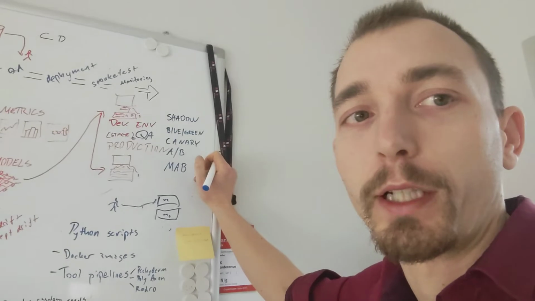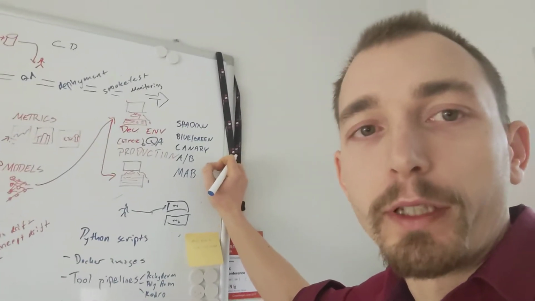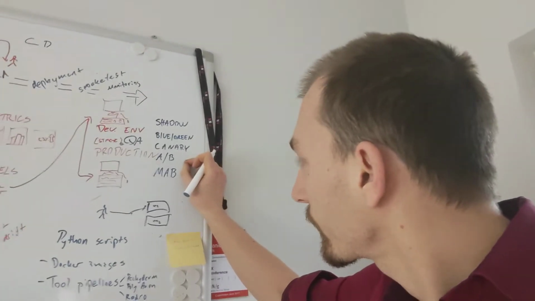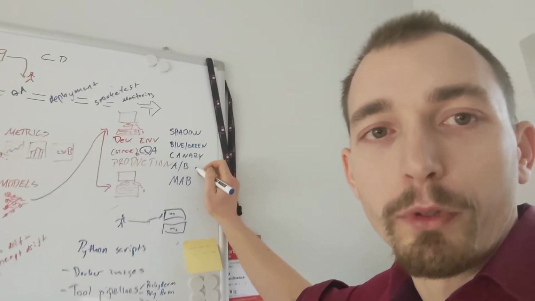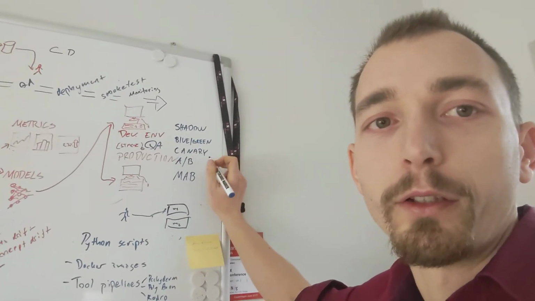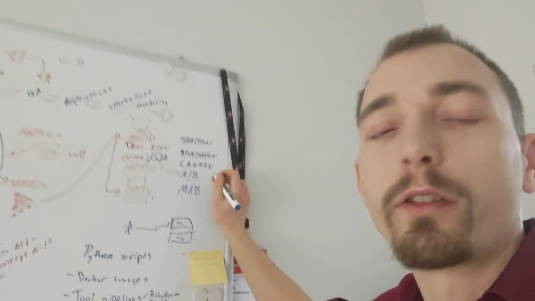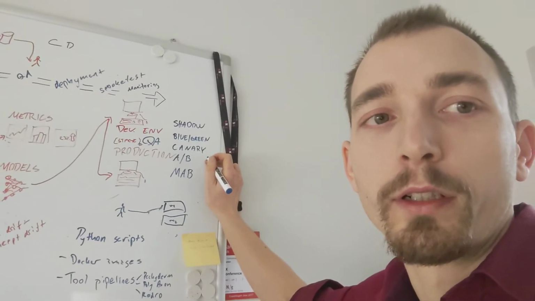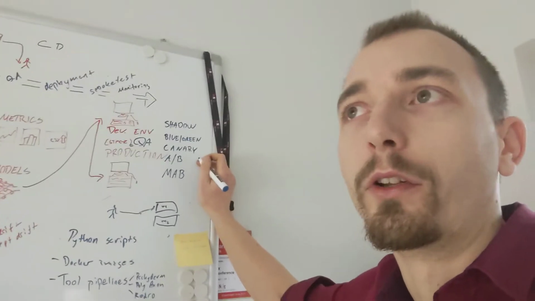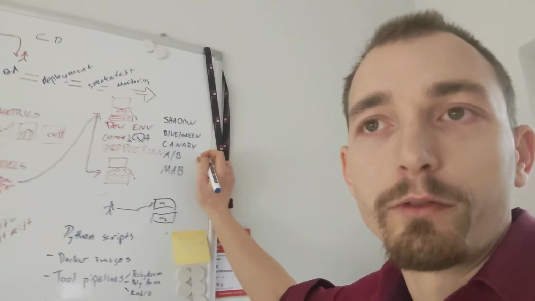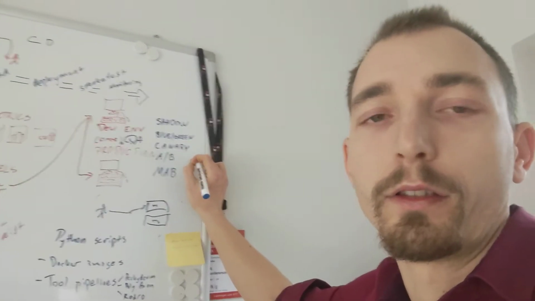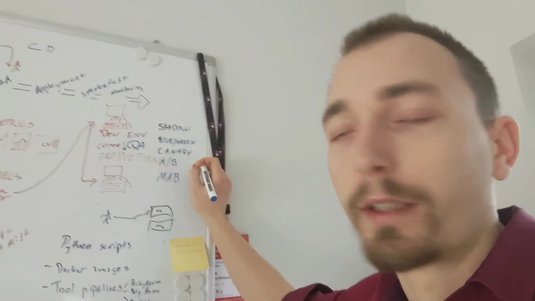So for example, if we're talking about recommendation engines, then the recommendation is the output of the model, but you don't really know how the person will react to the recommendation. That's not something you can look on historical data, because if the old model hasn't done that recommendation, you can't know how the person will react to it.